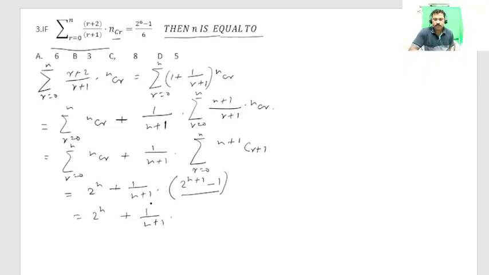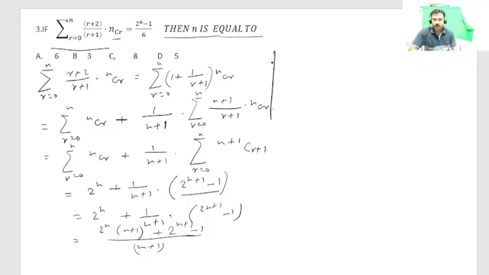Okay, that is 2 to the power n plus 1 by n plus 1 into 2 to the power n plus 1 minus 1. Now if we calculate this, that is n plus 1, the LCM, so 2 to the power n into n plus 1 plus 2 to the power n plus 1 minus 1. We calculate this here.